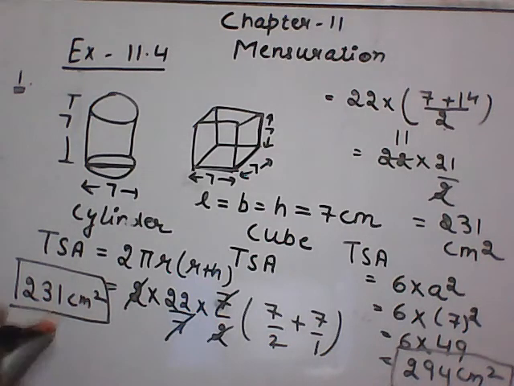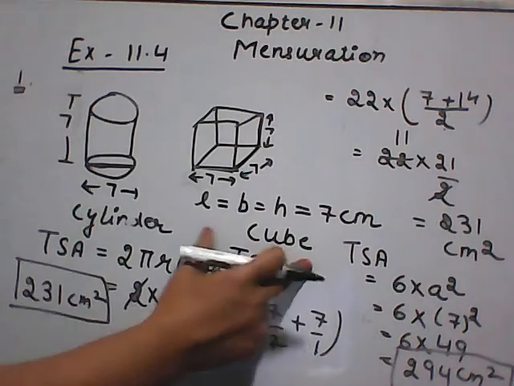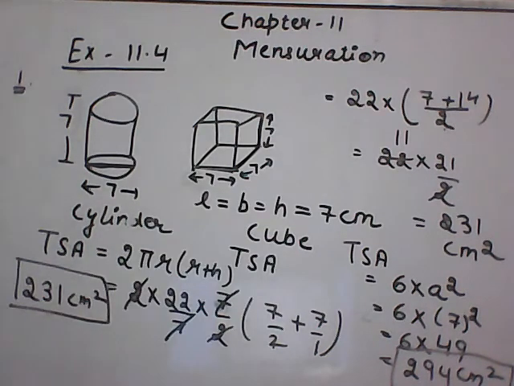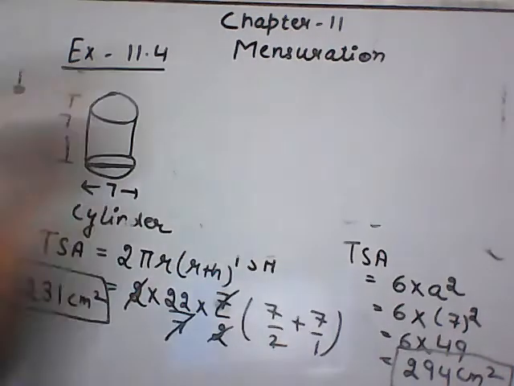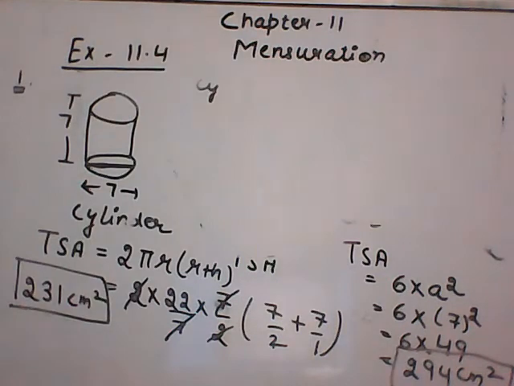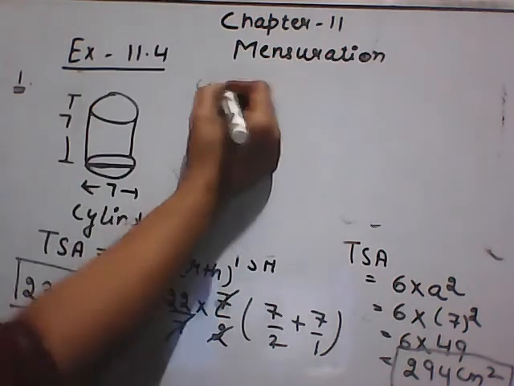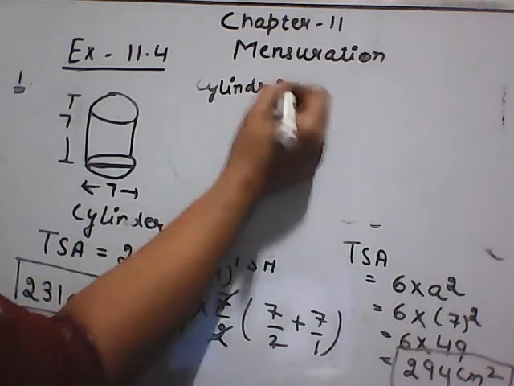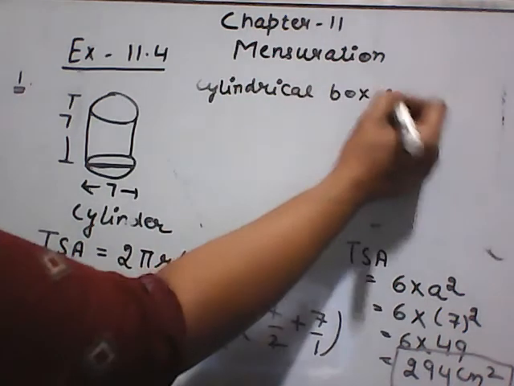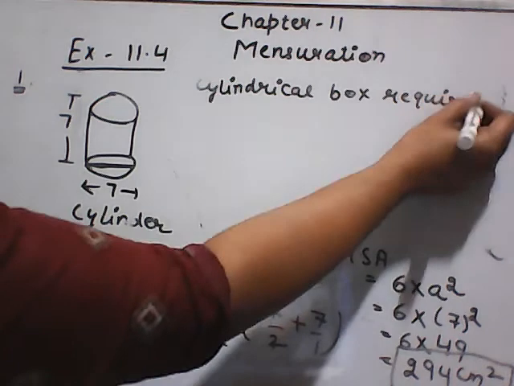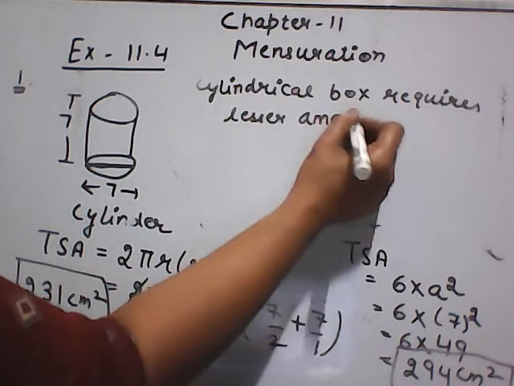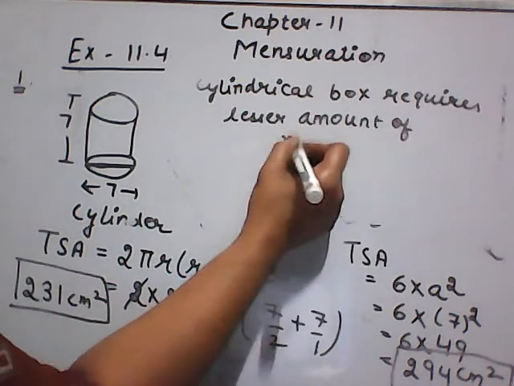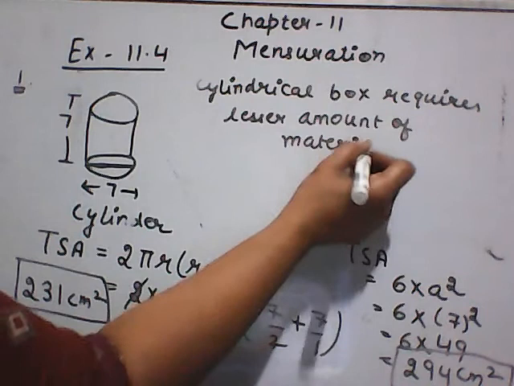Here the cylinder, as total surface area for the cylinder is lesser as compared to the cube, so we can say the cylindrical box requires lesser amount of material. In this way, we can solve questions related to the surface area. Thank you.